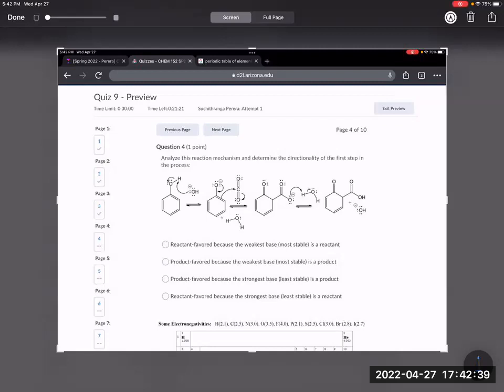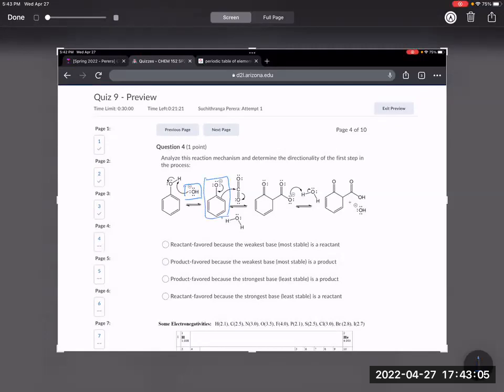In this case, it's an acid-base reaction because there's a proton transfer, right? So we can look for the stability of the acid or the stability of the base. Let's go with the stability of the base first. In the first step, the base on the reactant side is this, and on the product side, the base is this molecule over here.